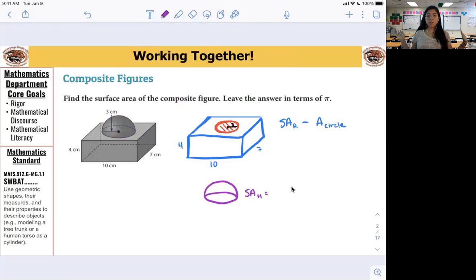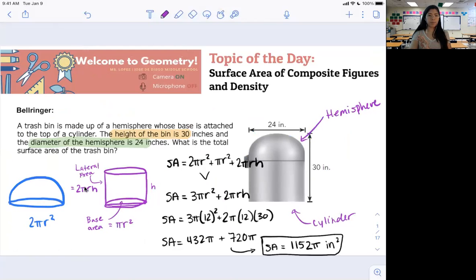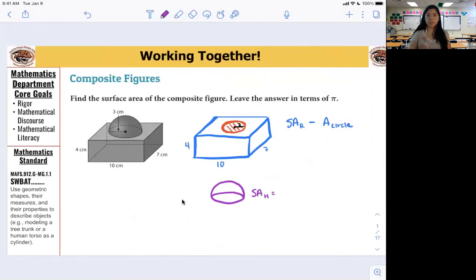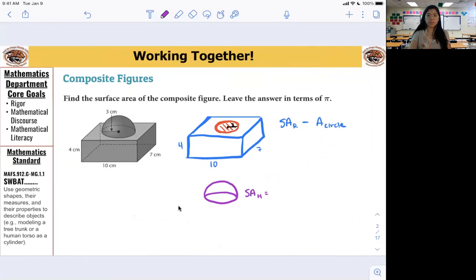I don't see that. There's no cylinders in this problem. 2 pi r h is cylinder. 2 pi r h came from the lateral area of a cylinder. There's no cylinders here, just my hemisphere. 2 pi r squared. This comes from the fact that if it was a full sphere, it would be 4 pi r squared. But since it's only half of one, it's 2 pi r squared.